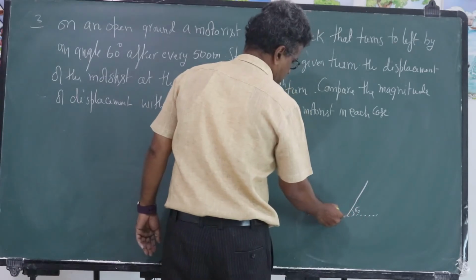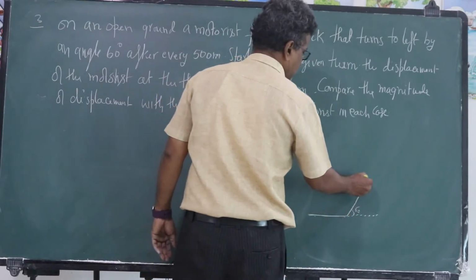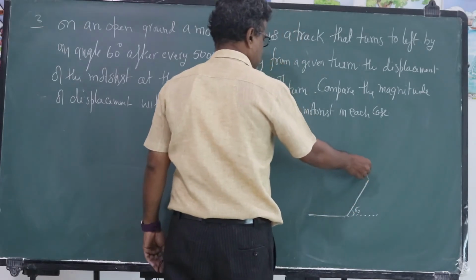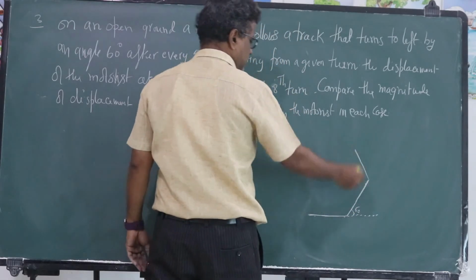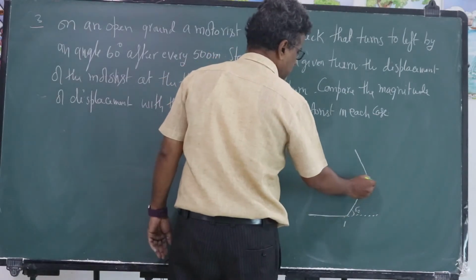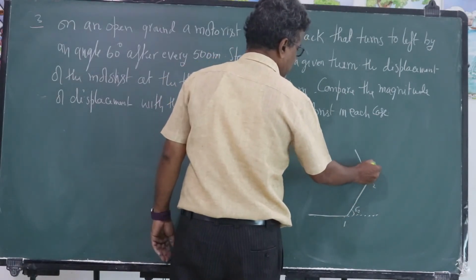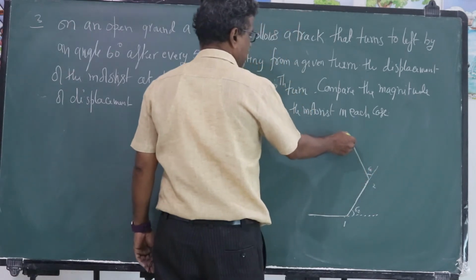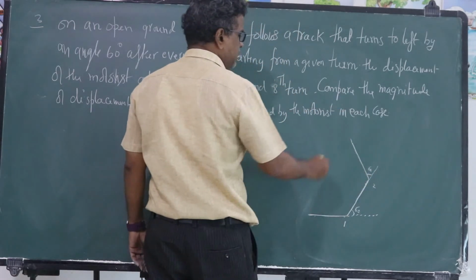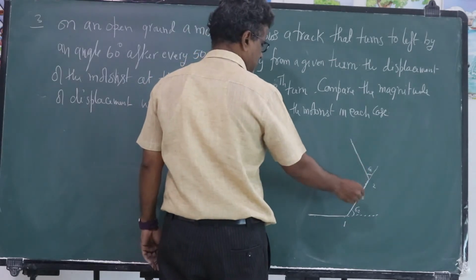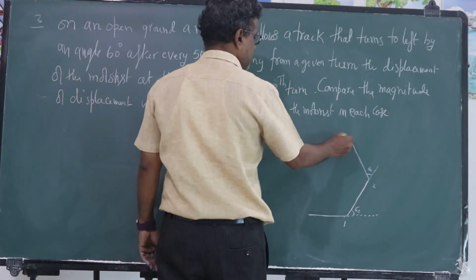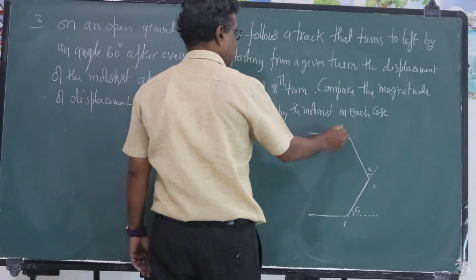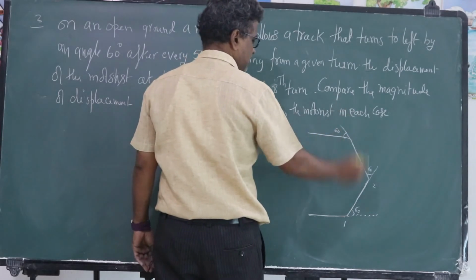After turning, again he turns 60 degrees. This is the first turn, this is the second turn. After traveling 500 meters, again he turns 60 degrees to the left.